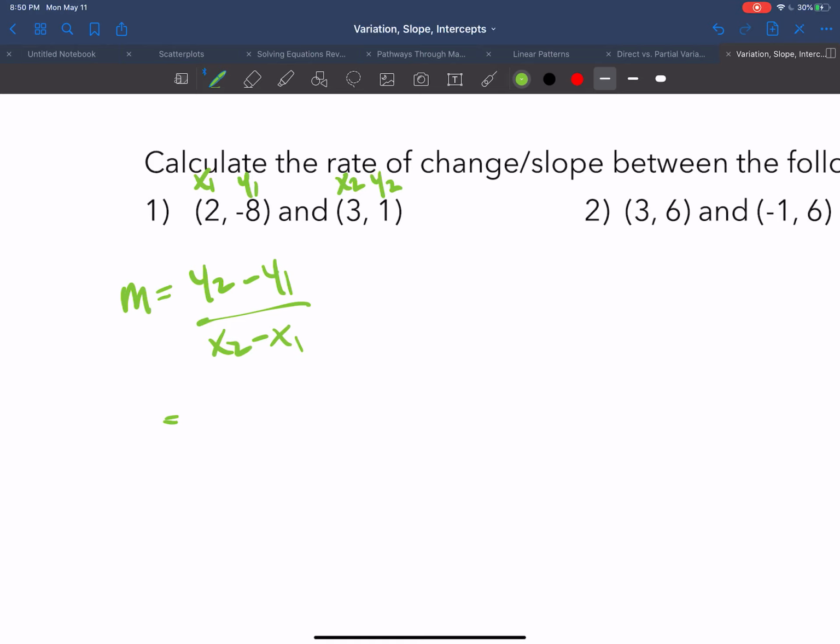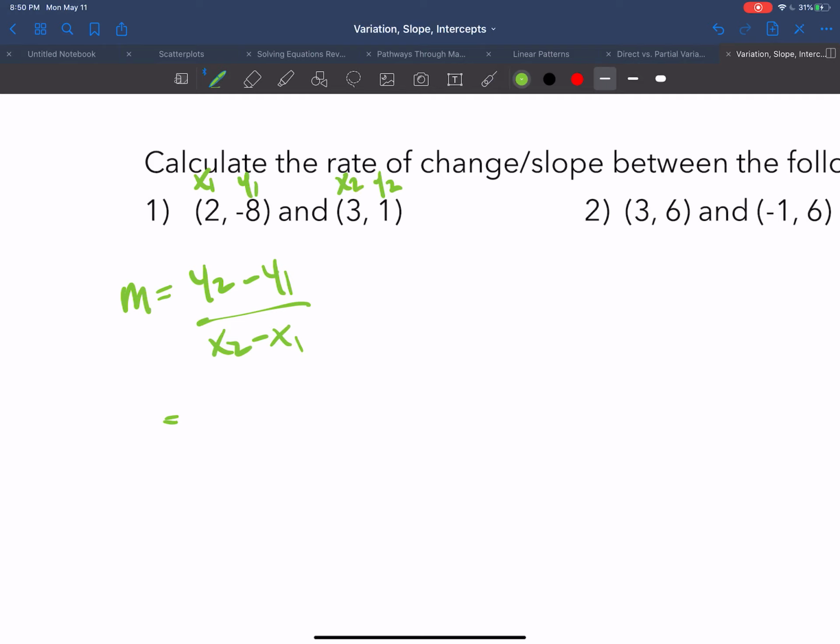And then you take those and you plug them in where you've decided y2 is and y1 is and all the x's are. So if this is y2, that means I'm taking that 1 and I plug it in there. If this is y1, I plug it in here. And same with the x's. It doesn't matter if I make x2, y2 over here and x1, y1 over there.